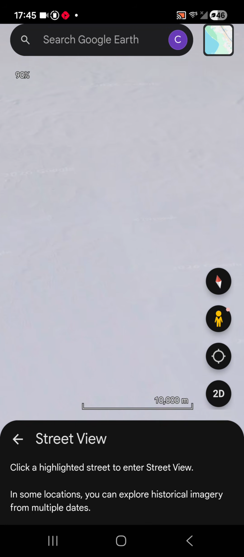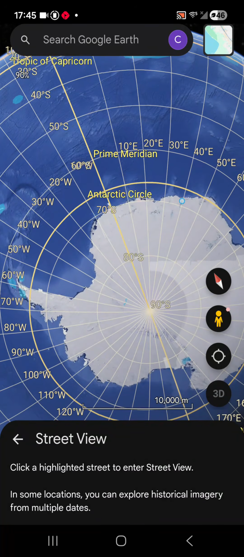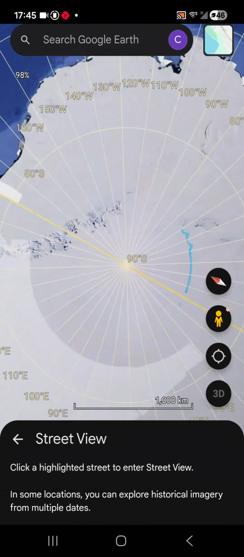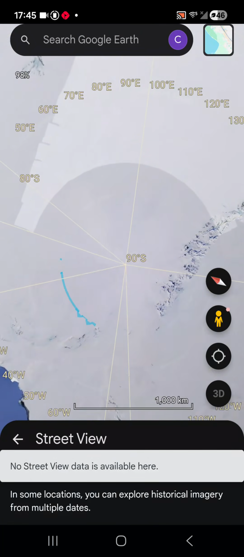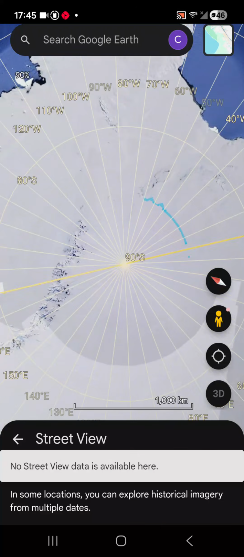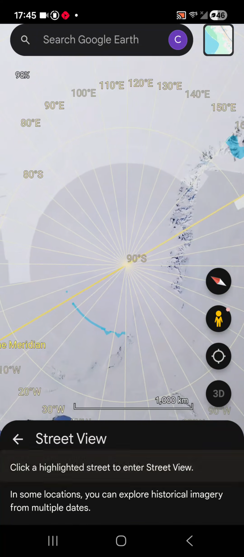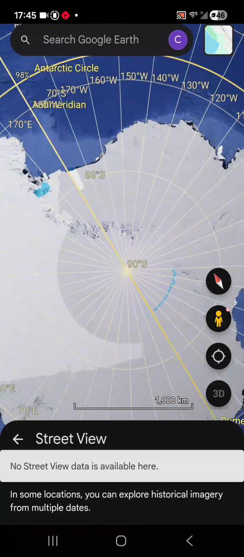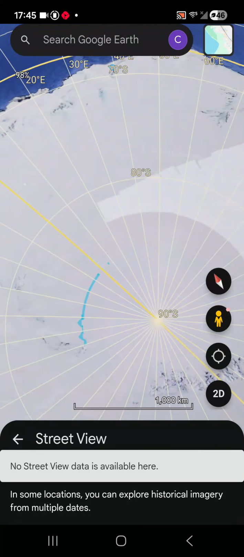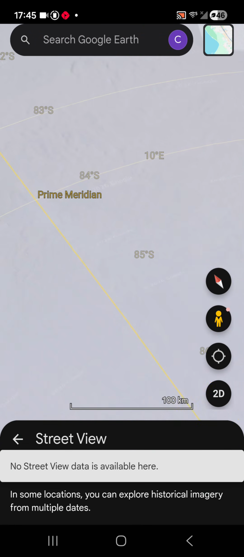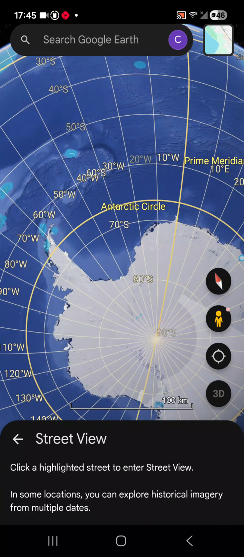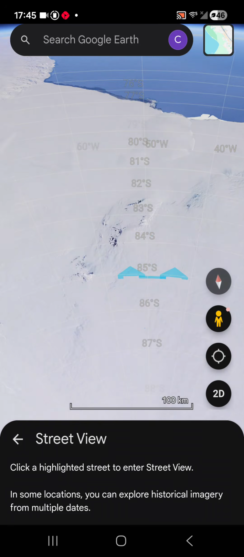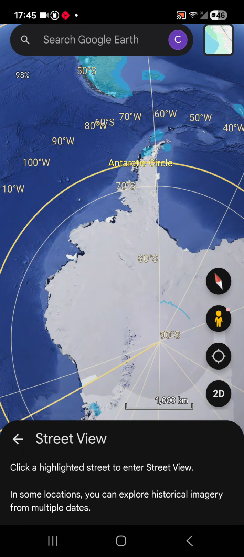No, I'm not trying to go all the way over there. I'm trying to go to the center. Yep, it just spins and spins. We tap that center. No. Come on, go to the center. Yep, that's where it takes me.